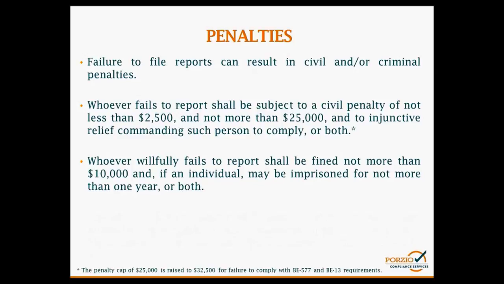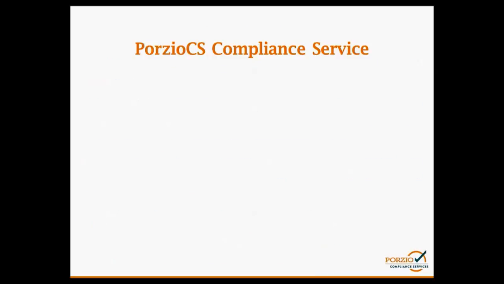The penalties are actually increased to $32,500, which you'll see down on the note at the bottom of the page, for failing to comply with the 577 and importantly the BE 13, the transactional form, which was newly imposed effective January 1, 2014, and will apply going forward.